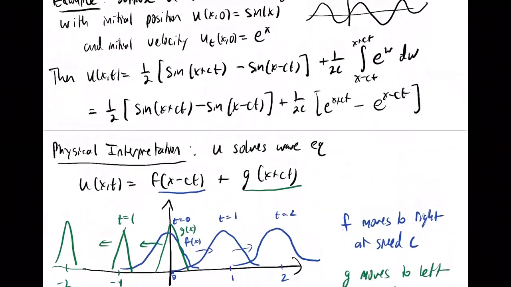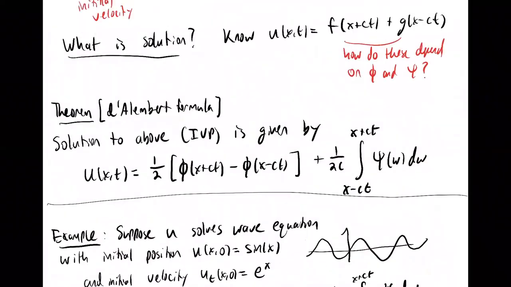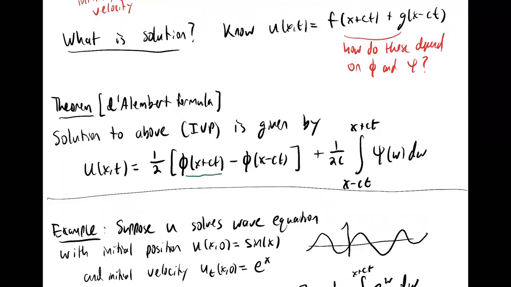This fact doesn't change if I go back to the D'Alembert formula, because here I have pieces that correspond to things moving to the left, and here's the piece corresponding to moving to the right. All right. Great. So that's it for today.